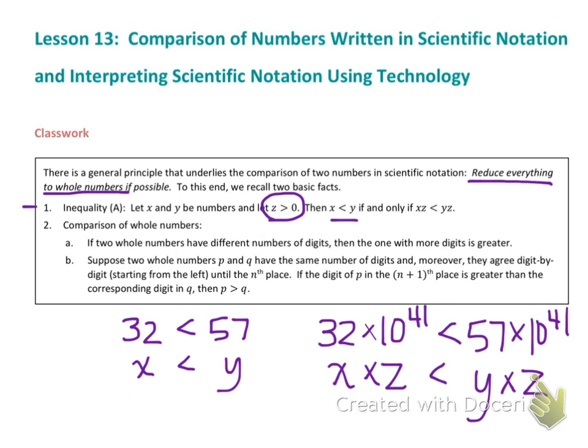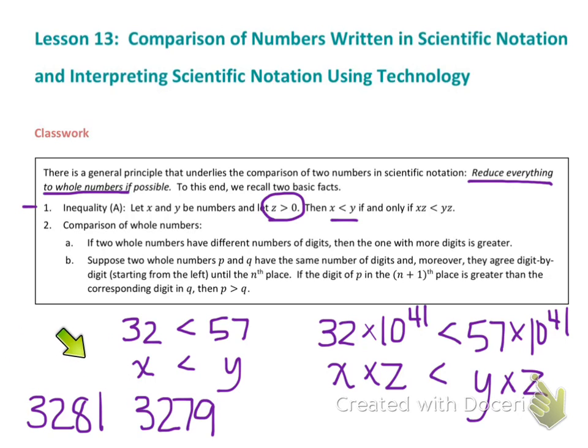So what this is saying is I might have two numbers, 3,281 and 3,279, say. If I want to compare those numbers, I'm going to start at the left. They both have a 3.